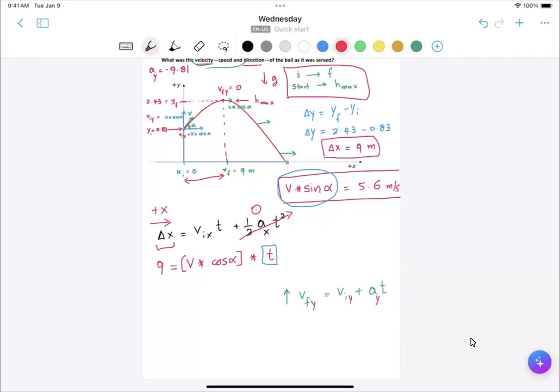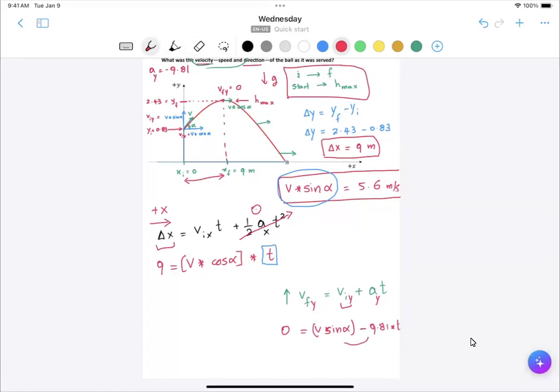At the maximum height, the velocity along the y direction is 0, which equals v sine of alpha, the initial y component of the velocity, minus 9.81 multiplied by the time.